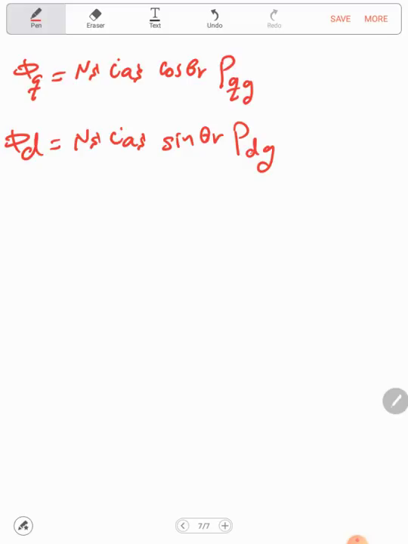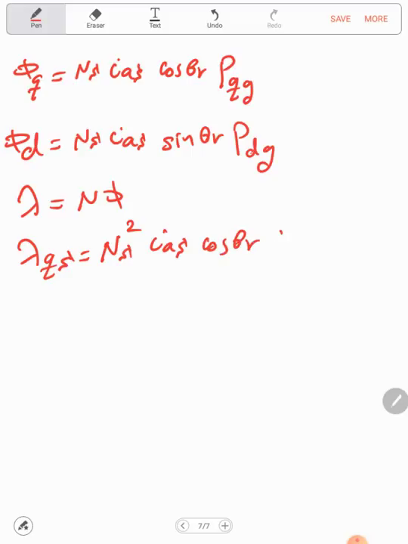Now the flux linkage lambda is equal to N times phi, so the flux linkage along the q-axis will equal NS multiplied by phi q-s, so this will be NS square IAS cosine theta r, the permeance along the q of the gap.